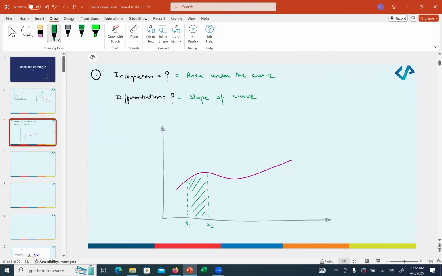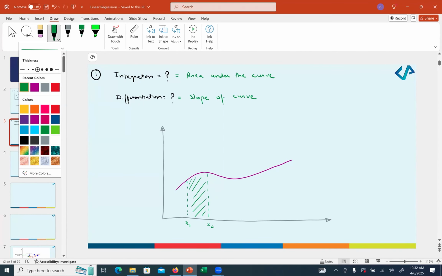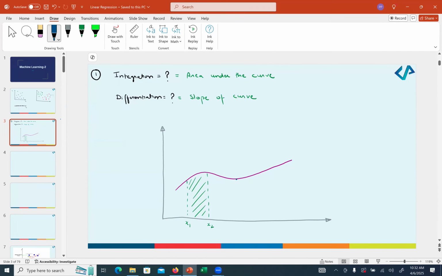How differentiation works is, differentiation tells you that, okay, for any given point, let's say I gave you this particular point, x3, what is the slope of the curve?